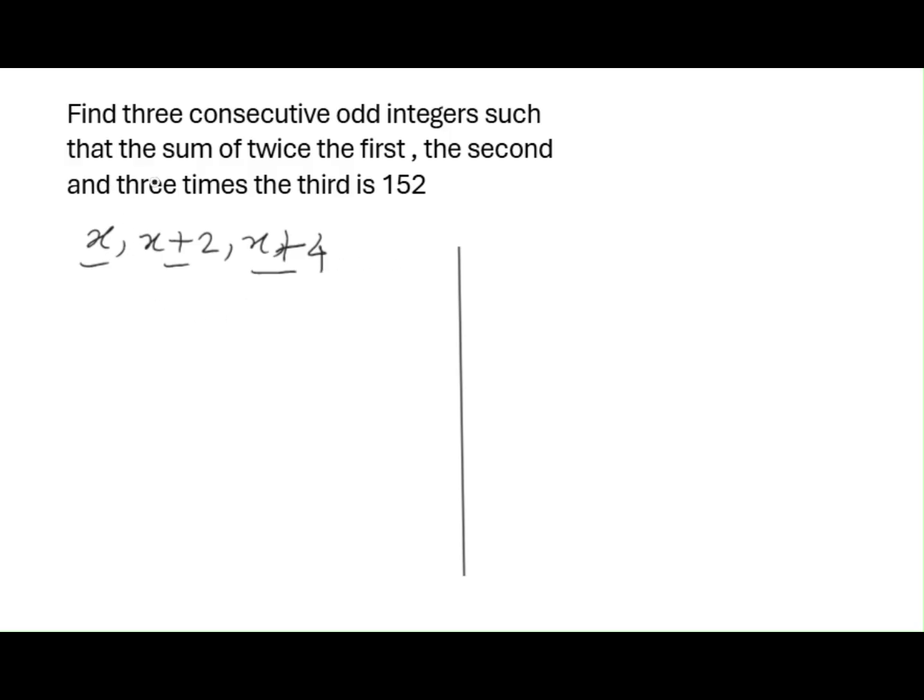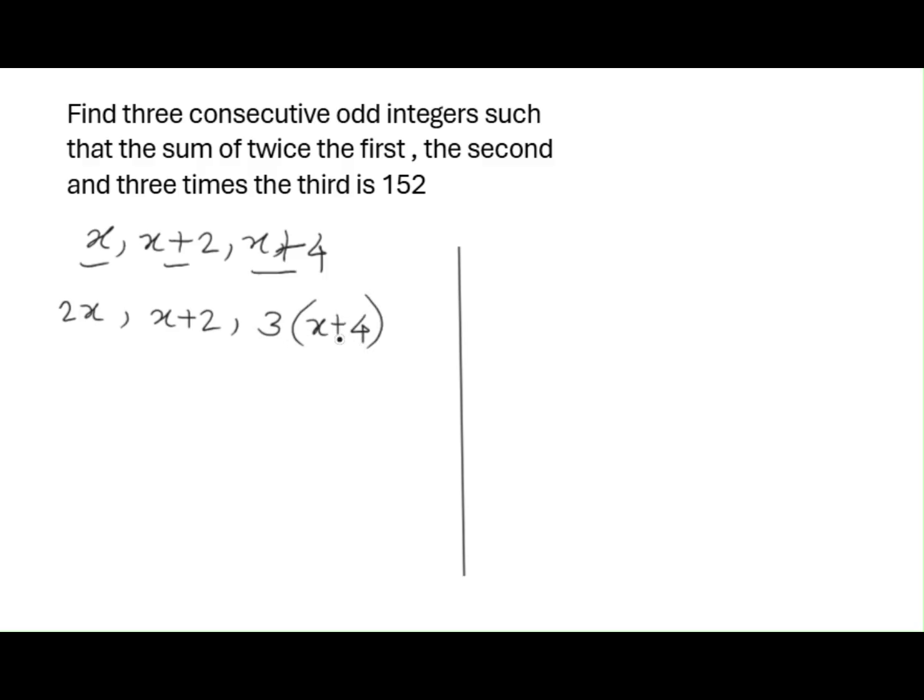Okay. Now the sum of twice the first. Now we are going to take the sum, not straight away, but we have to change them a little bit. Twice the first means 2 times x. The second number will be as it is, x plus 2, and 3 times the third one. That means 3 times this third number, x plus 4.